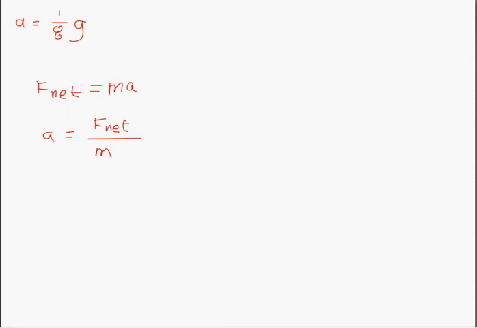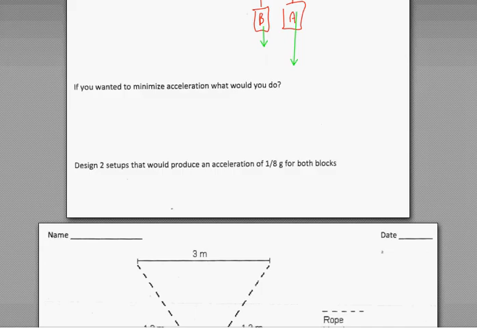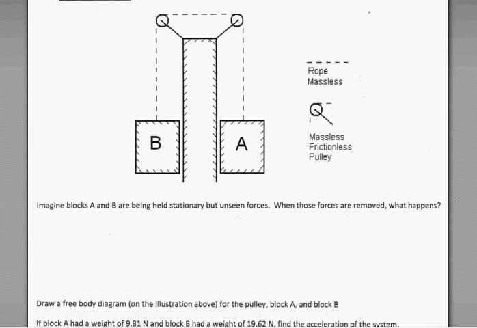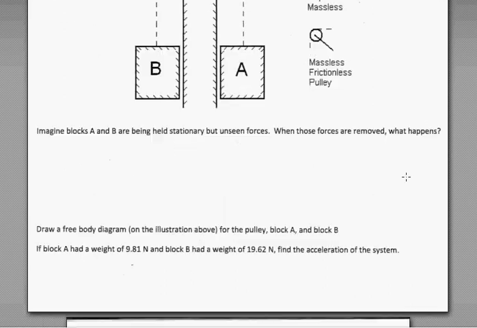But we should know from the previous page that m is going to be mA plus mB, because this is talking about a system similar to what you did before, when you had this style of setup right here. It's talking about making a pulley system like this, and this pulley system has two masses. So that's why I'm doing this.